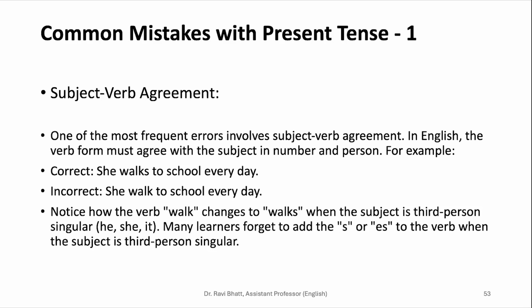Okay, so it would never be she walked to school every day, it would always be she walks to school every day. That would be the grammatically correct sentence. So the first rule is always make the verb agree with the subject. This is known as subject verb agreement.